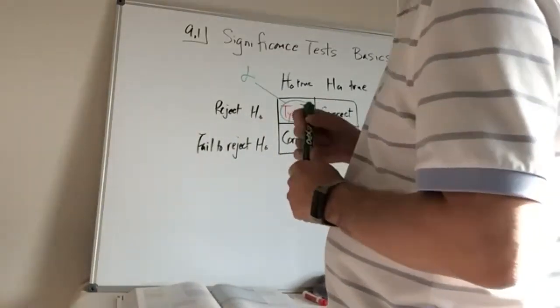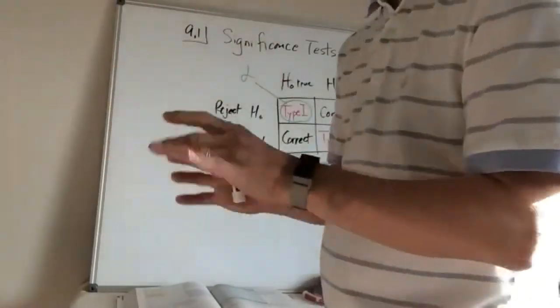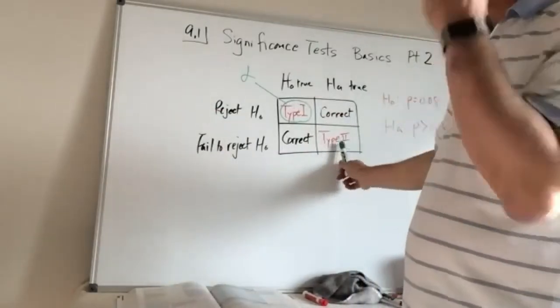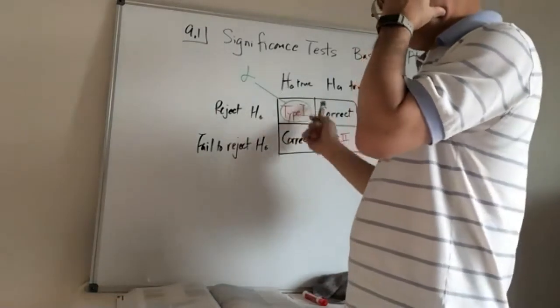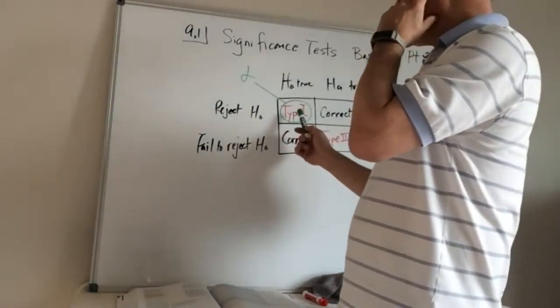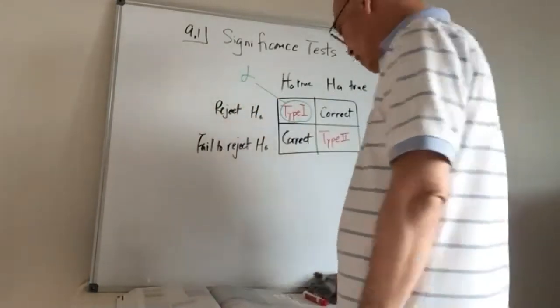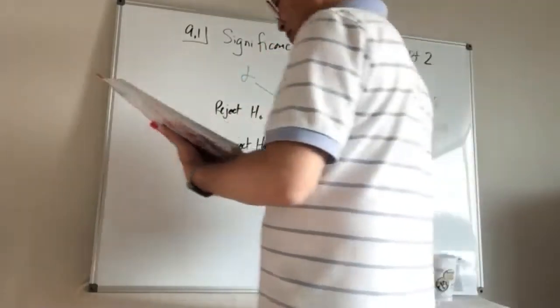The reason why that happens is beyond our scope. We will talk about the type 2 error later on, but as of now we're only going to worry about the type 1 error. The probability of getting a type 1 error is the same as your significance level. And that's it. We are done.